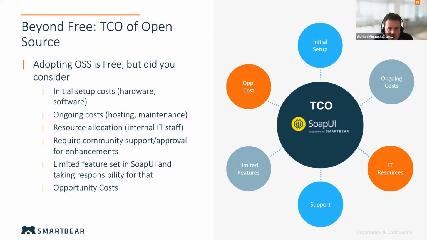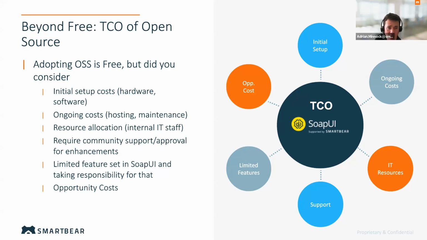So the initial setup costs, as we mentioned, the open source is going to be free. So you don't have that initial licensing cost, which can be a big factor when adopting open source tooling. However, just a few areas to touch on with regards to initial setup costs. Hardware, software, what's going to be required from that side.